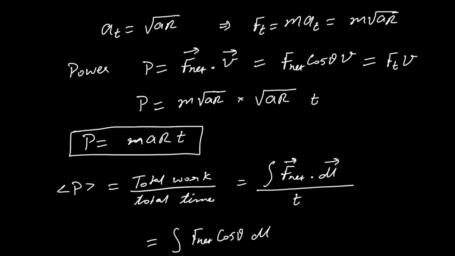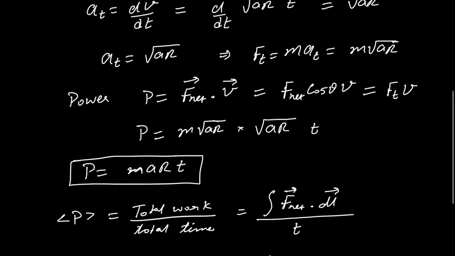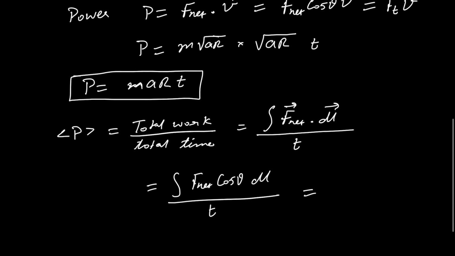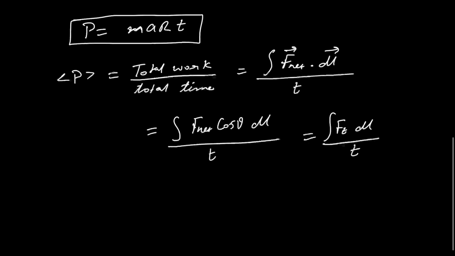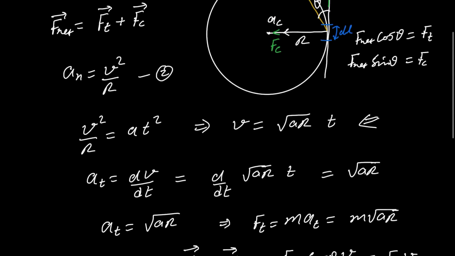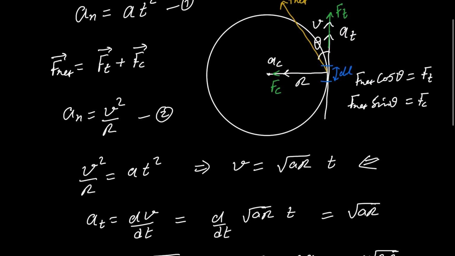So this is your total work done by total time T, and we know that F net cos theta is again tangential force, which is constant. So this is tangential force into dl by T. Since tangential force is constant, you can take it out, and this is dl by T. Now what is dl? dl is the total distance covered by the particle in time t over this circle.